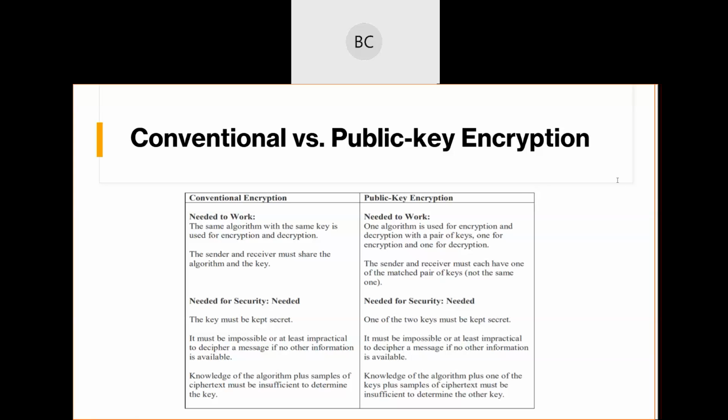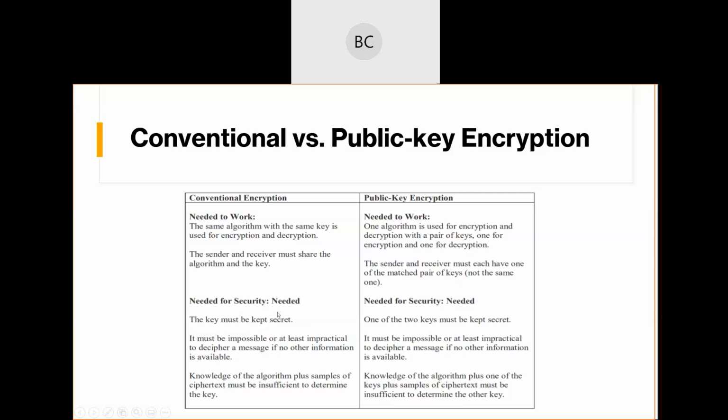So this is the difference between conventional and public key encryption. Here the same algorithm with the same key is used for encryption and decryption, and here two different keys are used, one for encryption, one for decryption. Here the sender and receiver must share the algorithm and the key, and here the sender and receiver must each have one of the matched pair of keys.